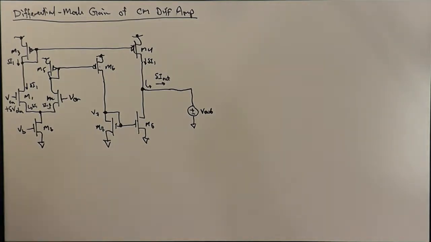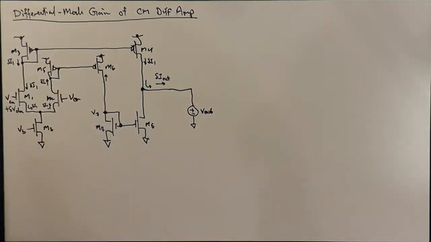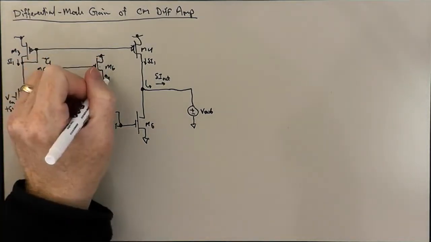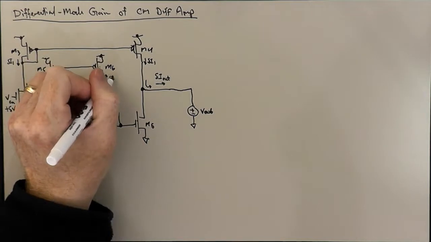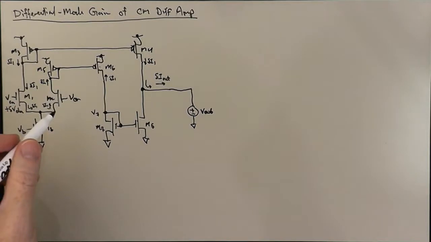And so we can represent that reduction in I2 as a small increment flowing against the quiescent current flowing in M2. And so that current's going to flow out of the drain of M2 and into the current mirror, M5, M6. And that current is going to be mirrored by M6 in the output of that current mirror.